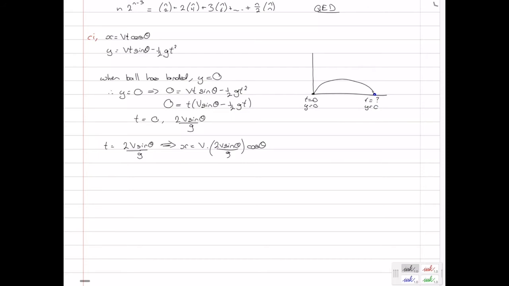Okay, so I have a v times a v, which is v squared, and then I have 2 times sine times cos, which is exactly sine 2 theta. That's the double angle result for sine 2 theta. Okay, and then divided by g. And so therefore my range is going to be equal to this, v squared times sine 2 theta on g. Okay, and we've proven what we want to prove. Right, so I guess we could write QED for this as well.